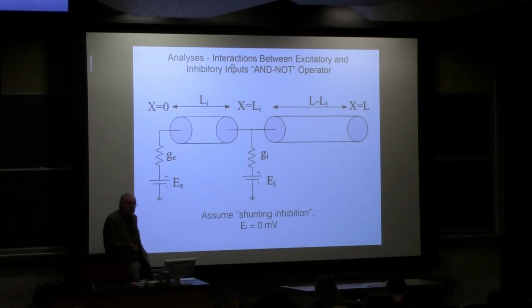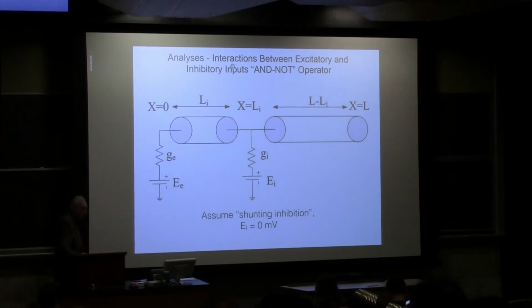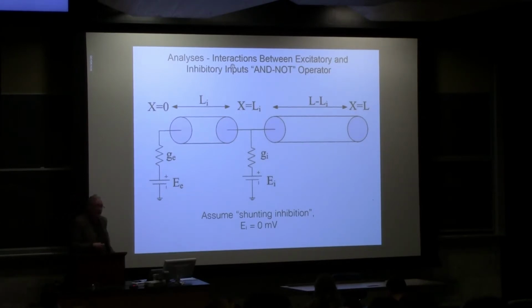So we can understand this mathematically and we can understand it intuitively. So let's do the intuitive explanation first. It's really simple. Mathematically, we'll do a derivation that is in the steady state. We won't consider transient responses. So in this situation, let's assume that the reversal potential of the excitatory ionic species is 20 millivolts relative to ground.